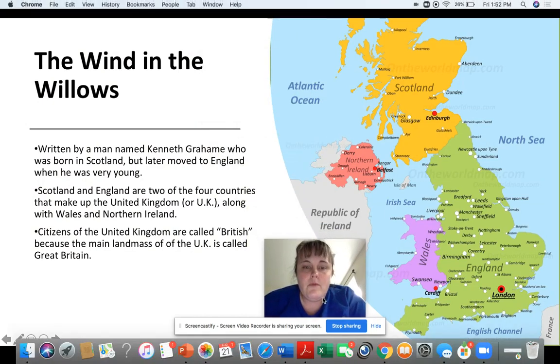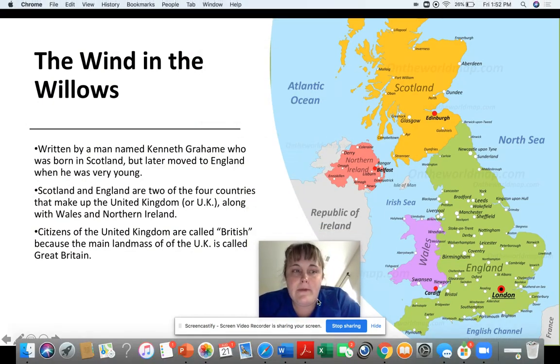Okay, let me move my photo around here. Here is a map. You may wonder, what in the world does a map have to do with this story? Well, you have to know where this story comes from. It was written by a man named Kenneth Grahame, who was born in Scotland, right here, but later moved to England when he was very young. So this whole section is called the United Kingdom.